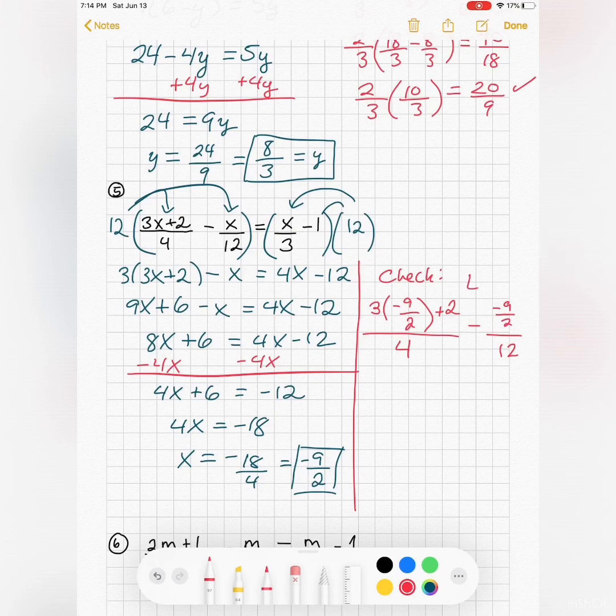So here I'm starting with the left-hand side. I'm simplifying the left-hand side.